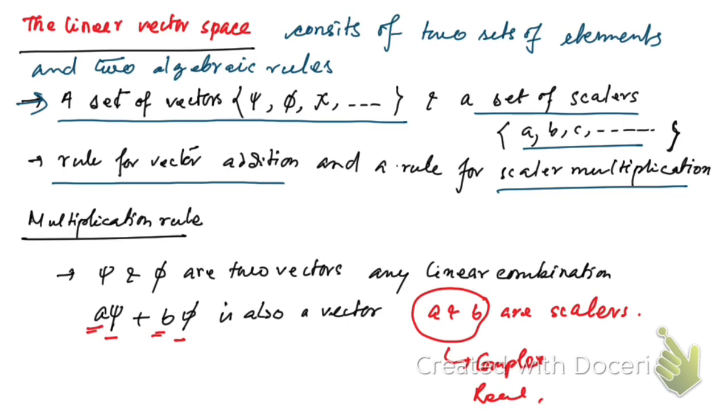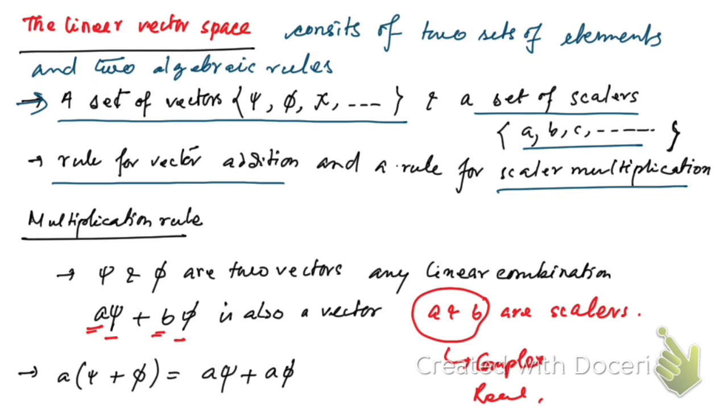So what is the next rule? That is the distributive property of multiplication with respect to addition. That is nothing but, suppose we have a scalar a into psi plus phi, the sum of two vectors, then it must be equal to a psi plus a phi.